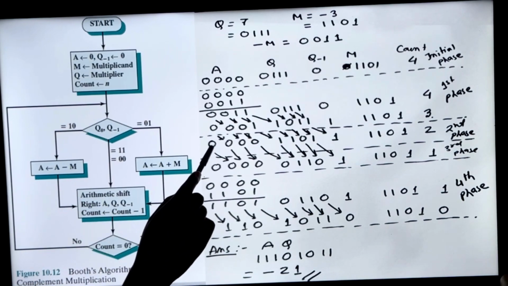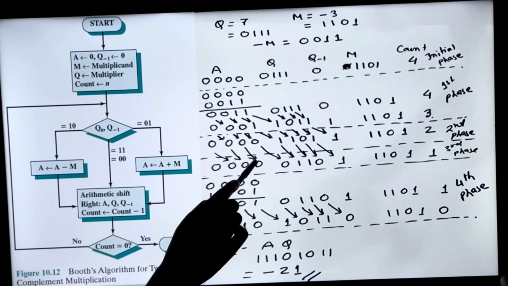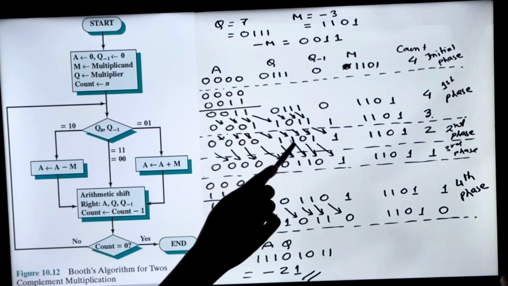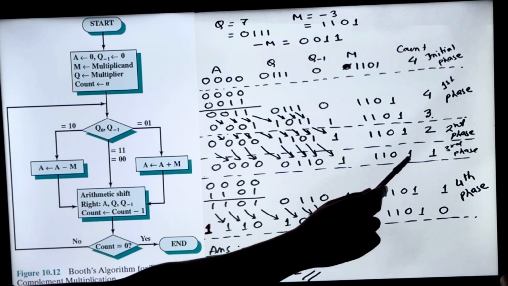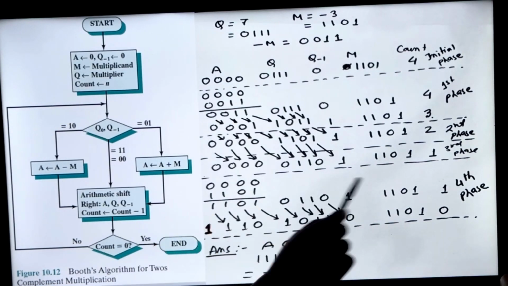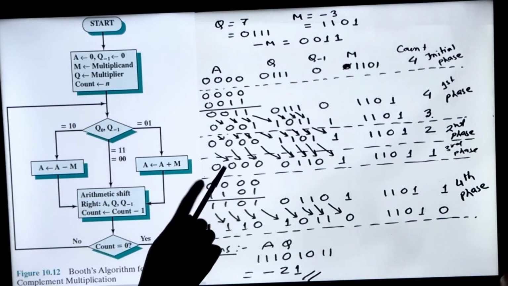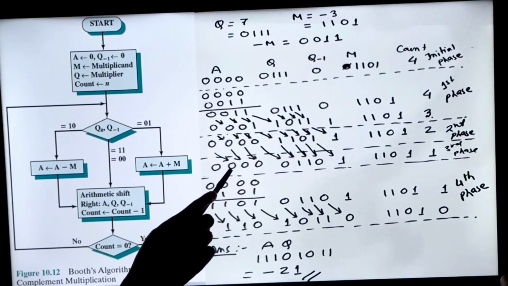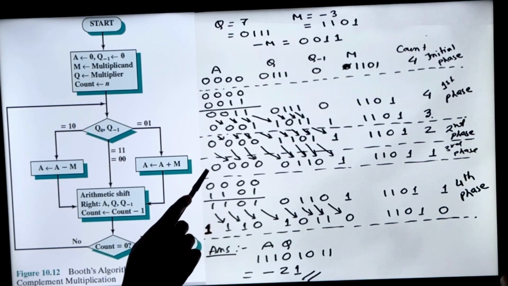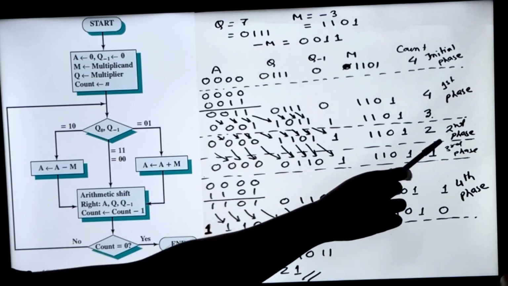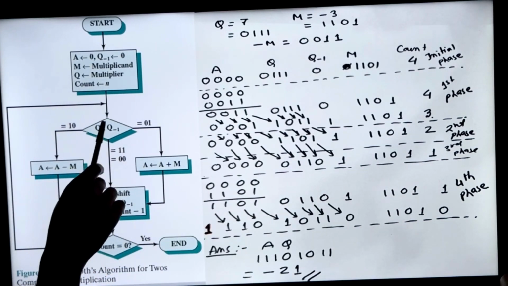This 0 is here, this 0 is here, this 0 is here, this 0 is here, this 1 is here, 1 is here, 0 is here, 1 is here. Fine. M stays as it is, and I do count equals count minus 1. And this bit again I am putting 0, because the MSB of the rest 3 bits is 0. Fine. But my count is not 0 yet, so I will go for the next iteration.